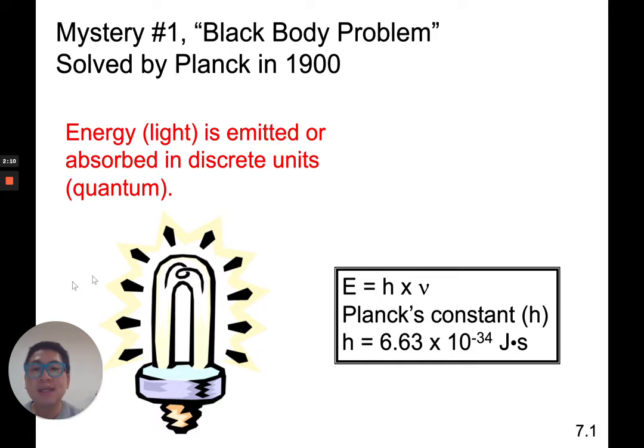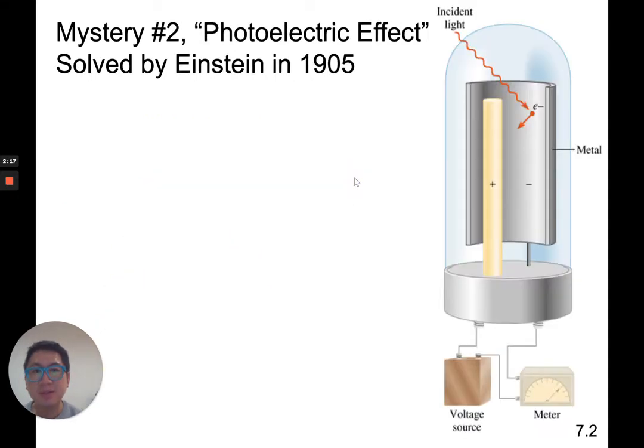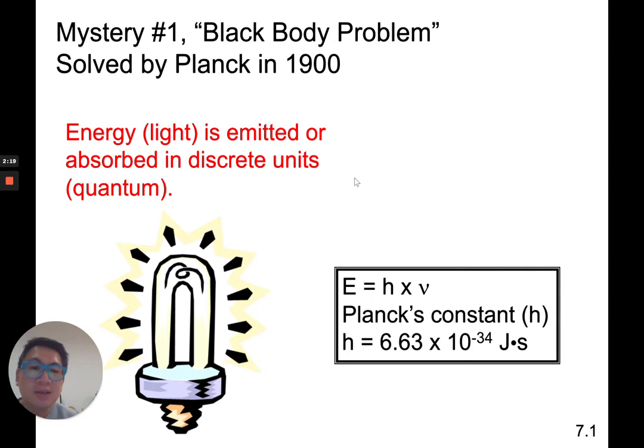He said that light is given off in these units of energy, these packets of light. E for energy is equal to a constant h times nu, nu being the frequency. Energy of light is equal to a constant times frequency.